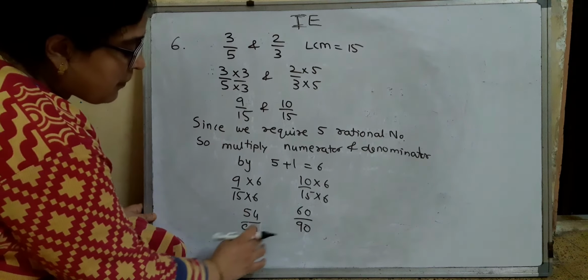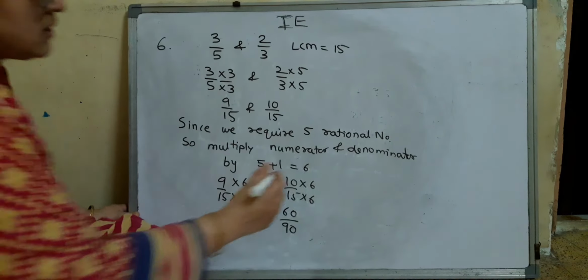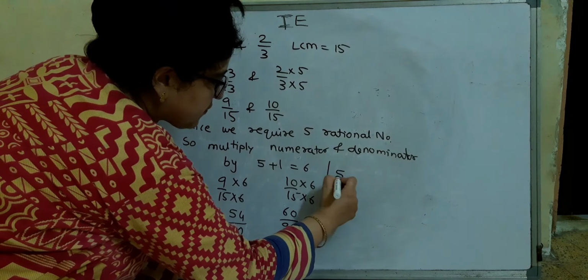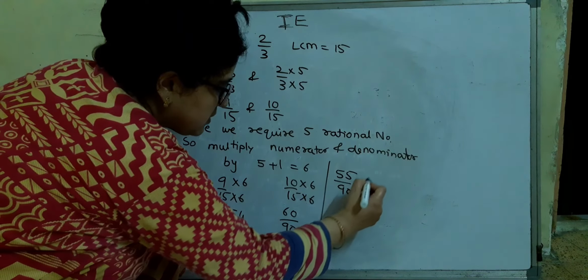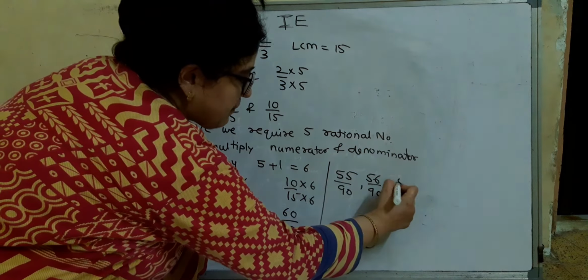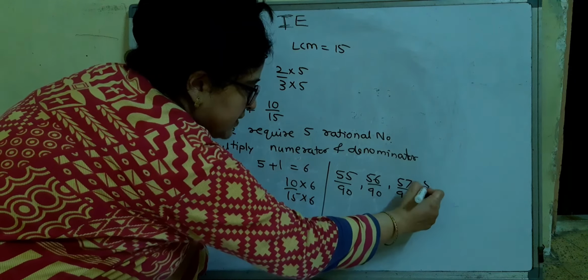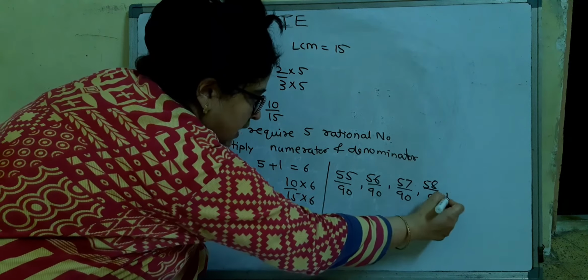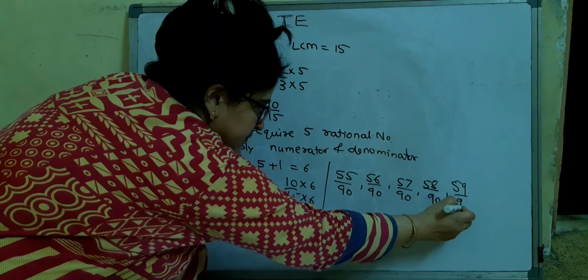Now between 54 upon 90 and 60 upon 90, how many numbers? The answers are 55 upon 90, 56 upon 90, 57 upon 90, 58 upon 90, and 59 upon 90.